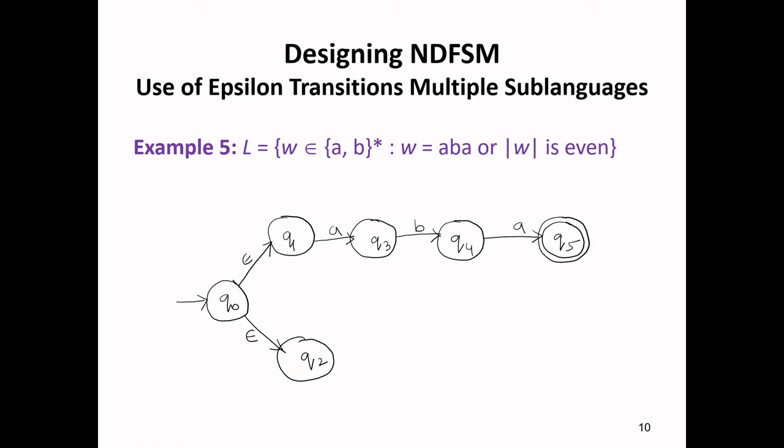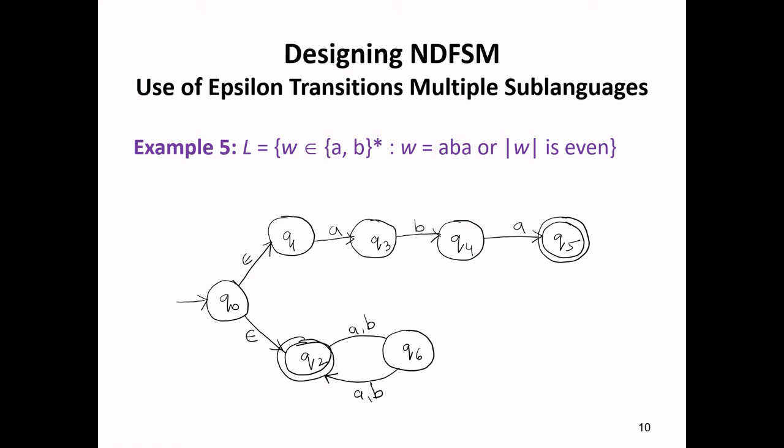Initial state is the final state for string length 0. Then for string length 1, it will be say Q5. This is Q6. For string length 1, it will be in the intermediate state. Again for string length 2, it will be back to the final state.